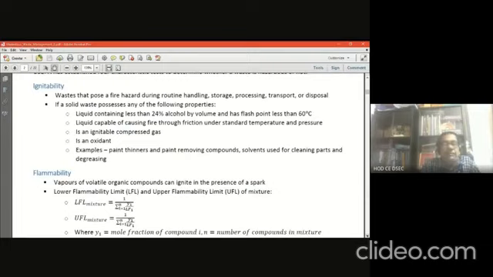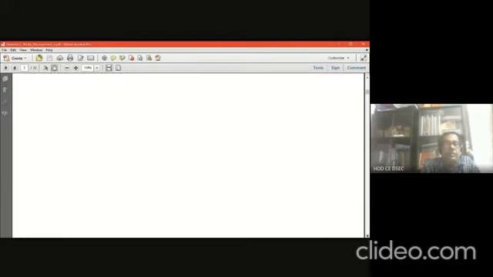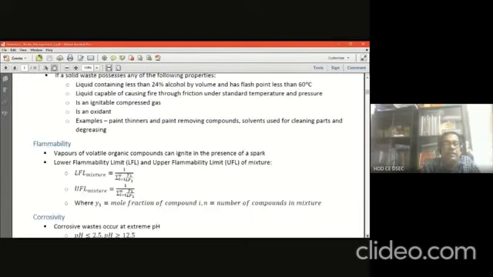Now, vapors of volatile organic compounds can ignite in the presence of a spark. Lower flammability limit, that is LFL, and upper flammability limit, that is UFL, of a mixture. What is the formula? LFL of the mixture equals 1 by sigma Yi by LFi.